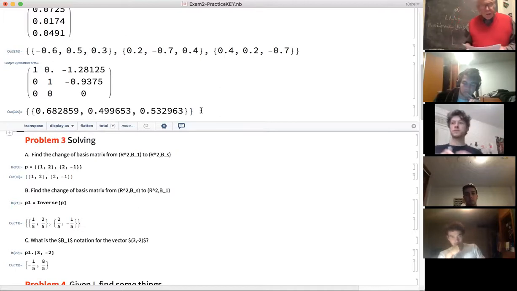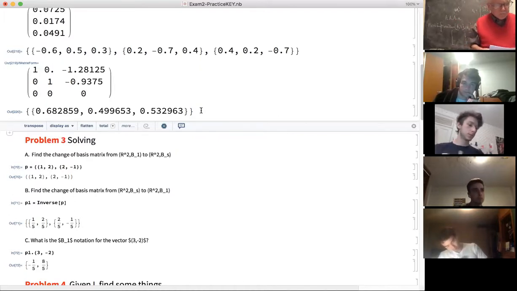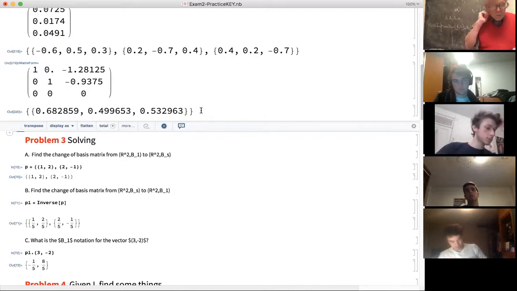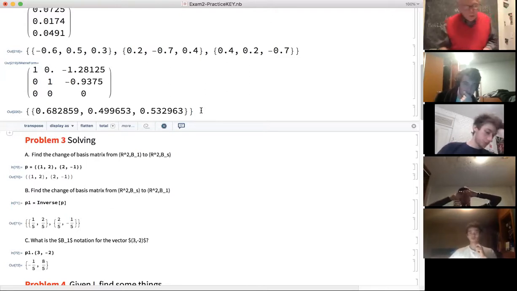Let's move on a little bit. I think we're at problem 3. I give you a basis B1 for the plane and ask you for a change of basis matrix.